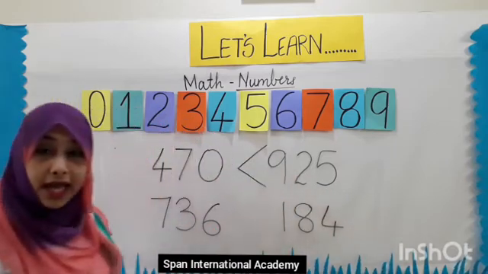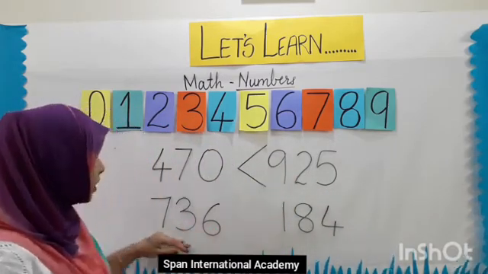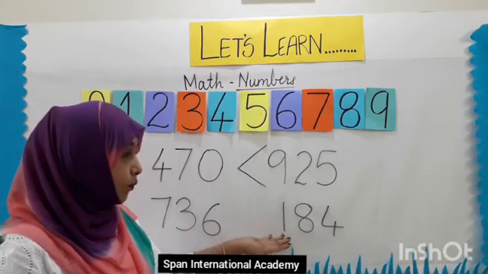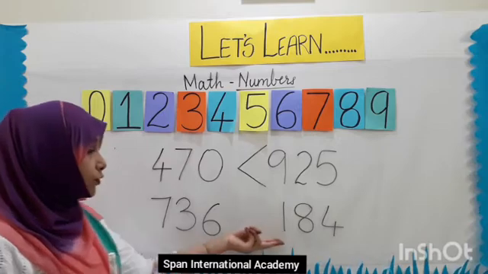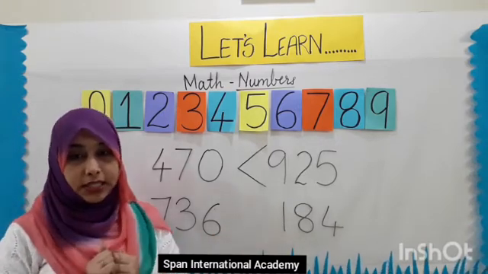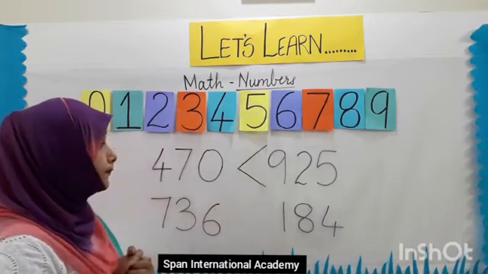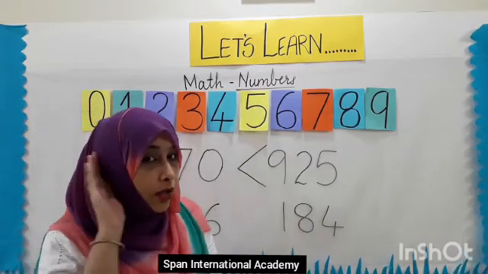Okay, so again I have 2 3-digit numbers, 736 and 184. Isn't it? So now what to do? I can hear the little crocodile coming back. Can you hear?